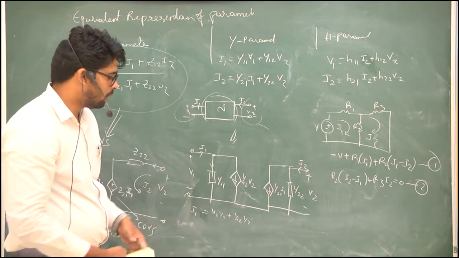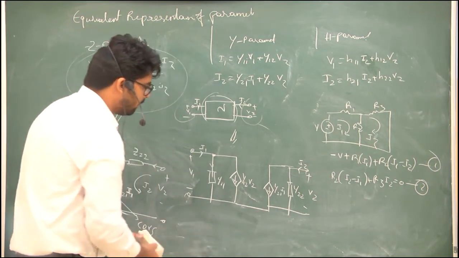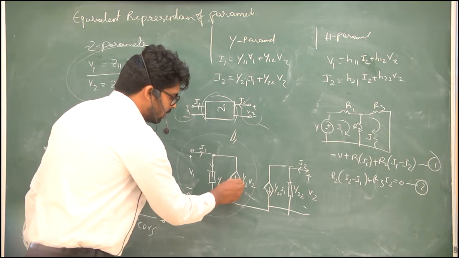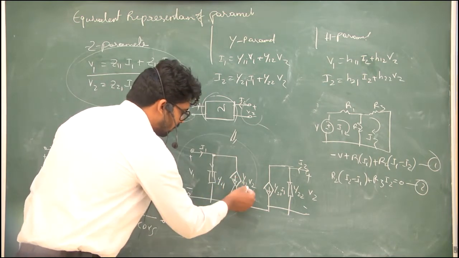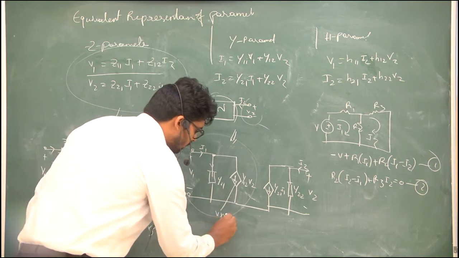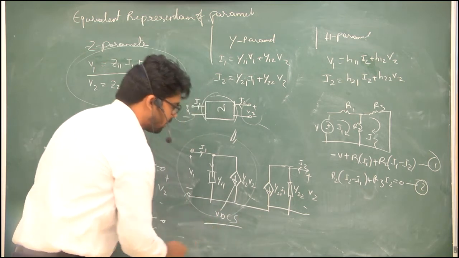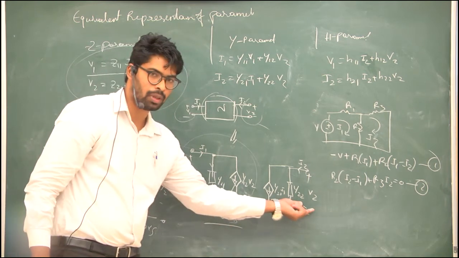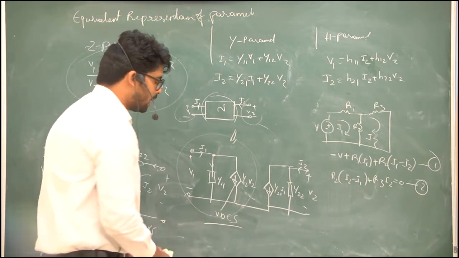We draw this equivalent circuit, and if you observe carefully, in the first section I drew the current source. This is a voltage dependent current source. This current source depends on the voltage of the second port. So individually these are dependent.